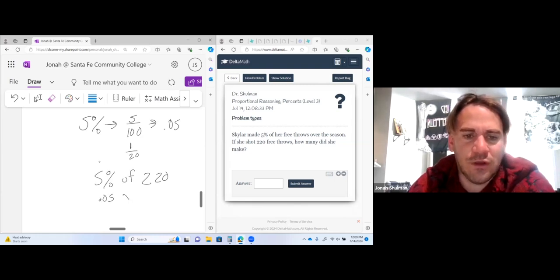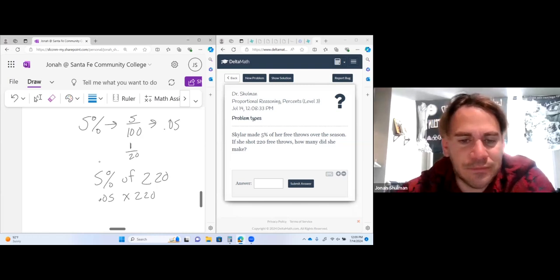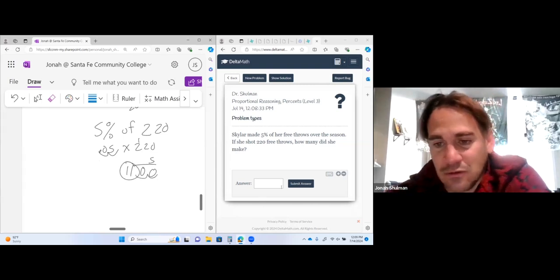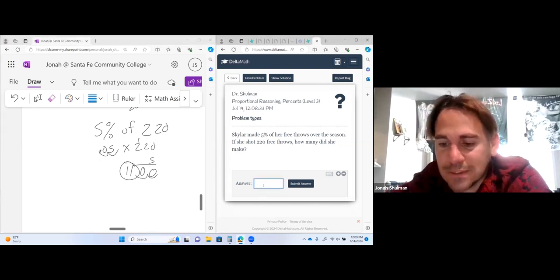So 0.05 times 220. When you're multiplying this, just put the 5 here. 5 times 0 is 0. 5 times 2 is 10 plus 1 is 11. 2 decimal places. She made 11 free throws. That's it. Gotta get back in the gym, Skylar.